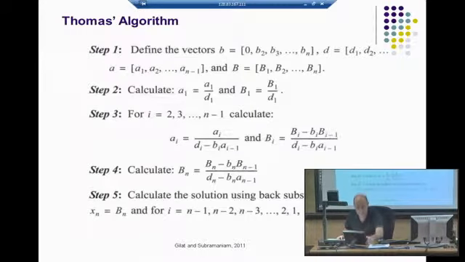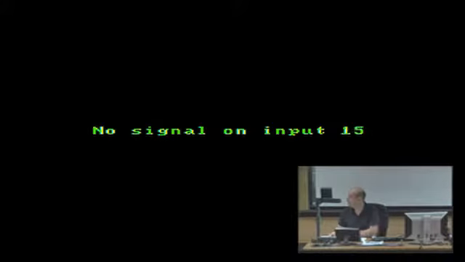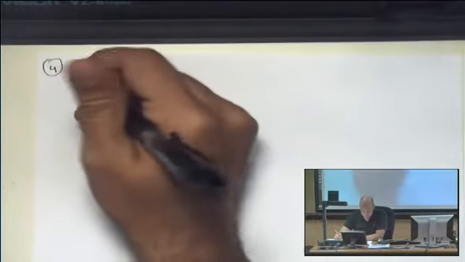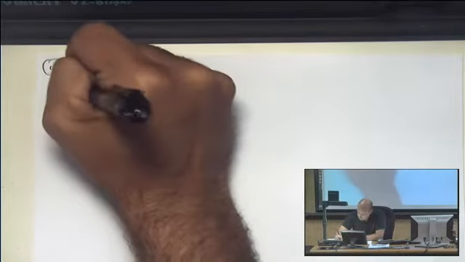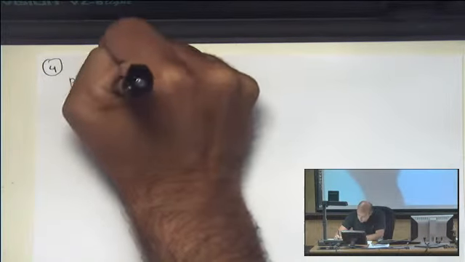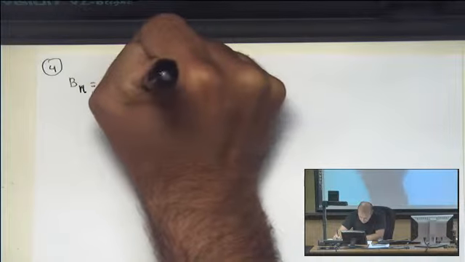Capital Bn is equal to bn minus little an, B(n minus 1).